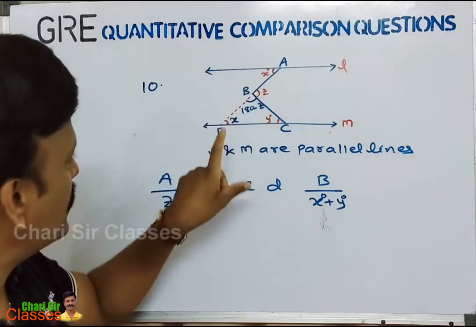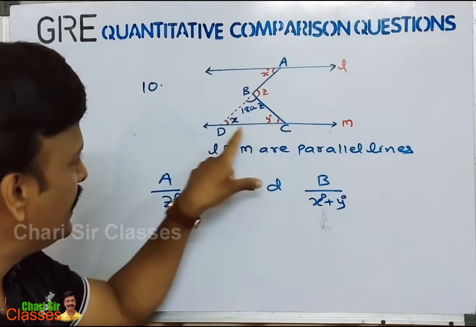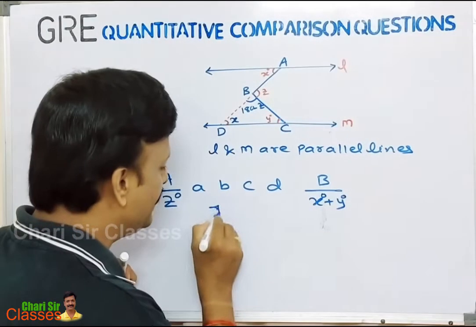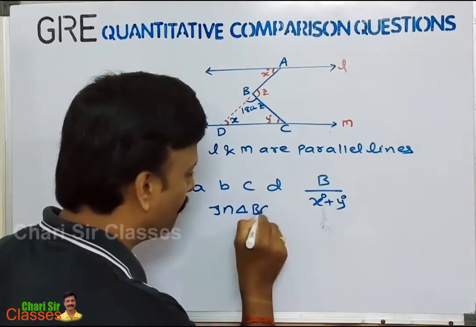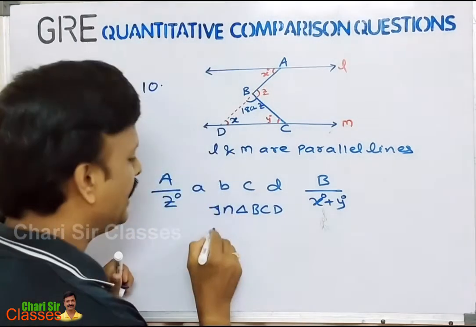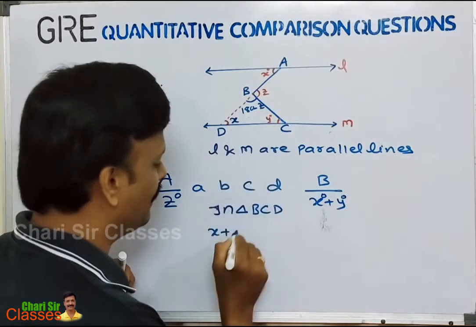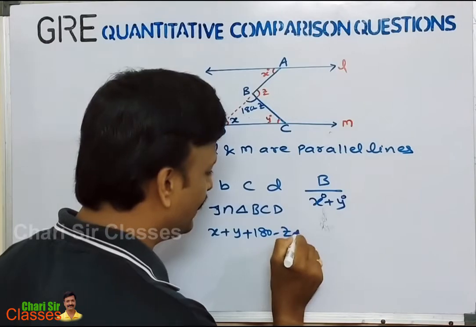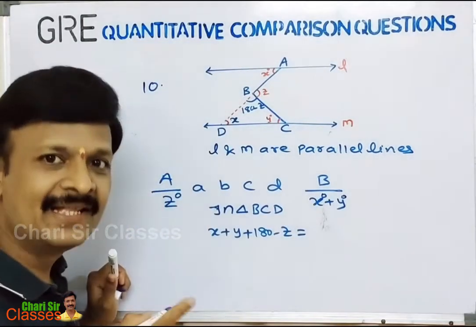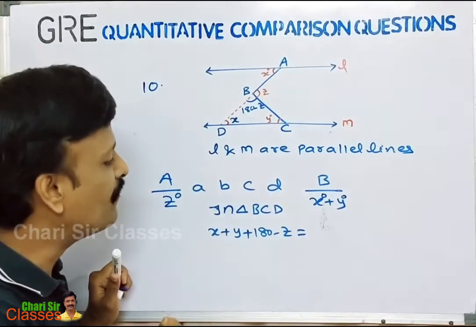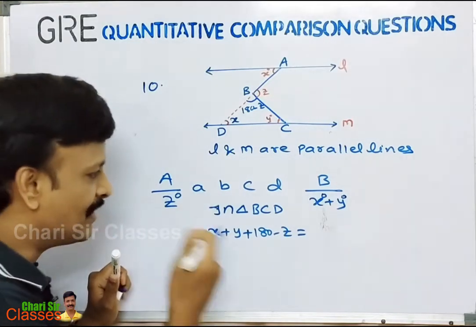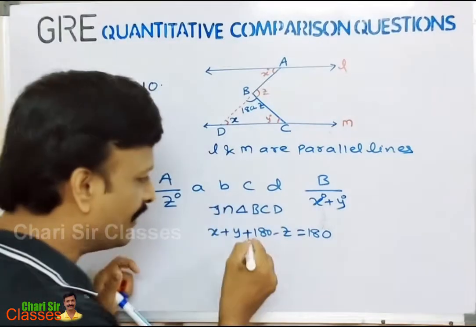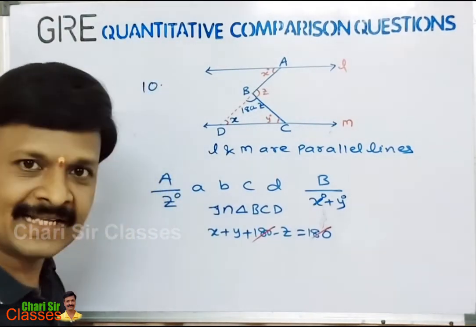Now just you focus on the triangle BCD. This triangle you take. So in triangle BCD, angle X plus angle Y plus angle 180 minus Z is equal to how much? Angle sum property. What is the sum of the angles in a triangle? The sum of the angles in a triangle is 180 degrees. Now you can see here 180 and 180 can be cancelled.